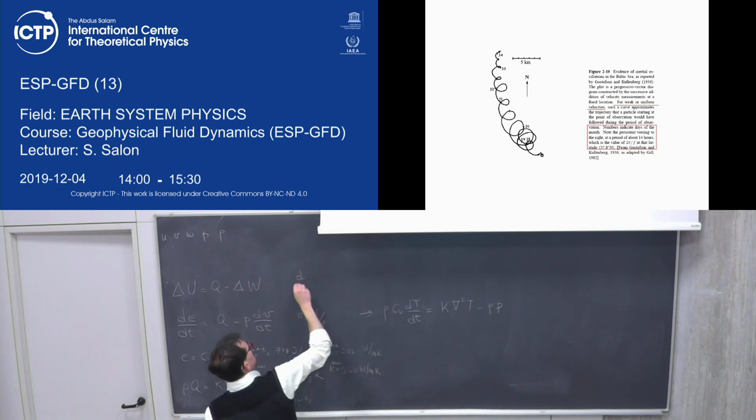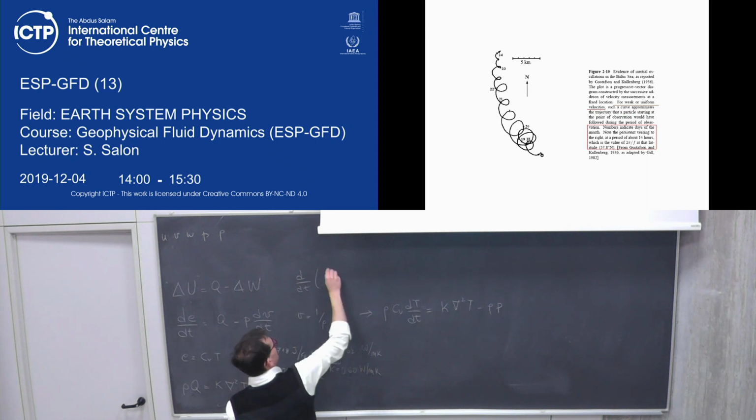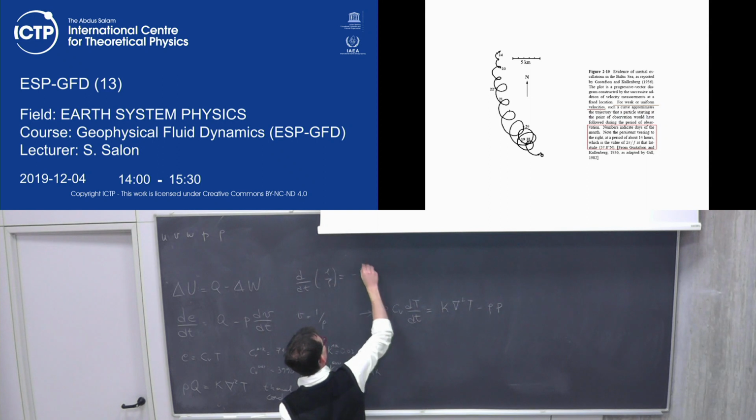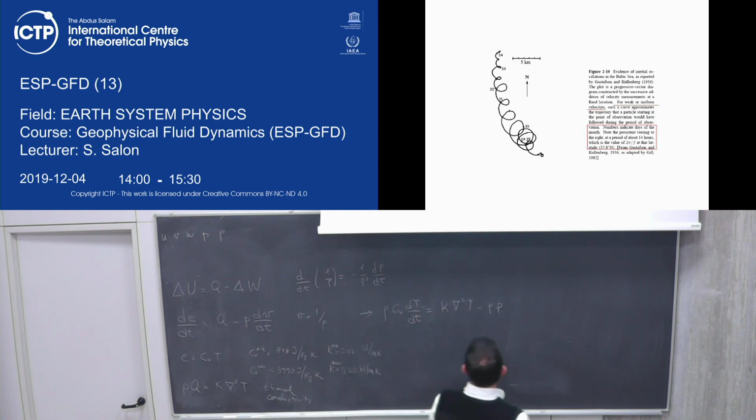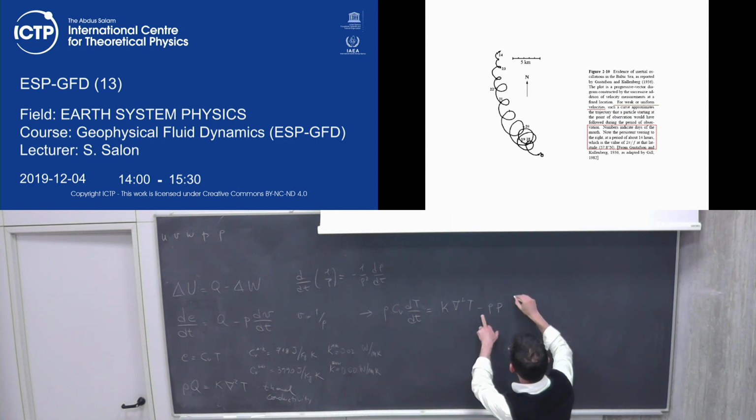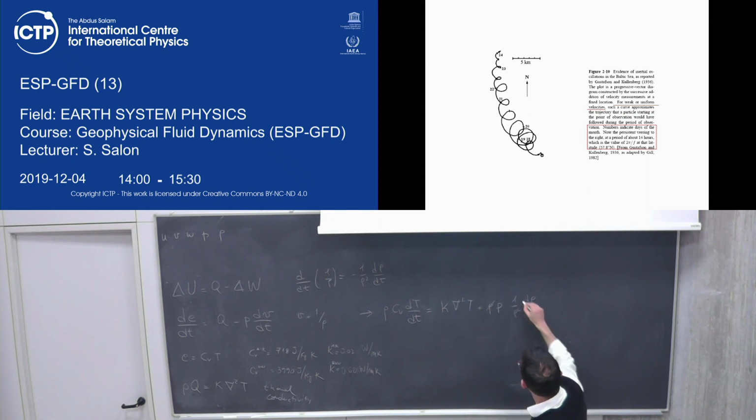So d/dt of 1 over rho is minus 1 over rho squared d rho dt. So this is minus, plus 1 over rho squared d rho dt. So rho and rho squared go ahead.